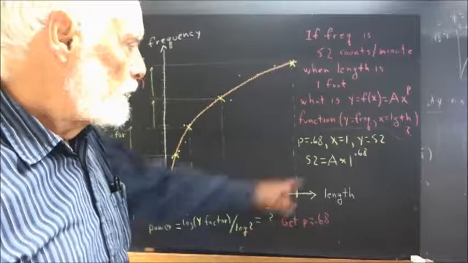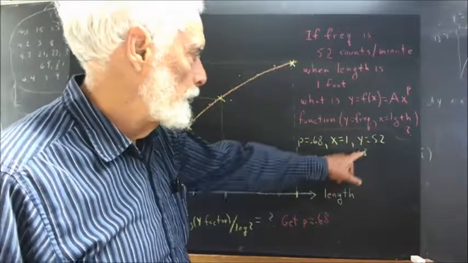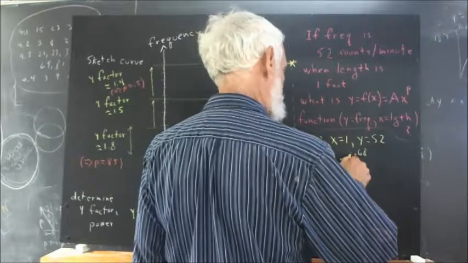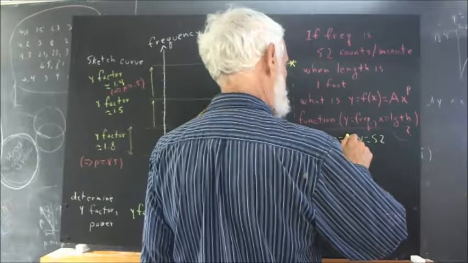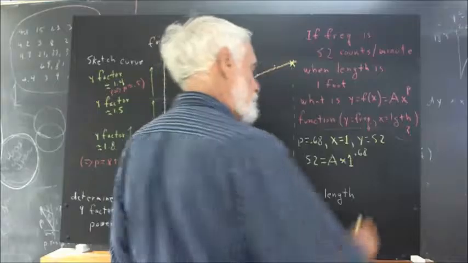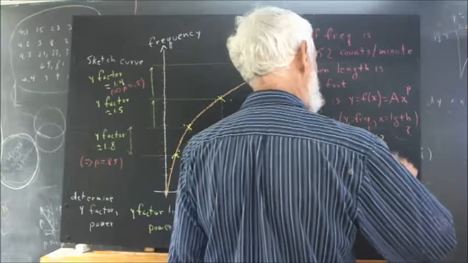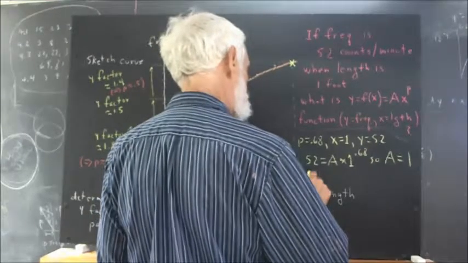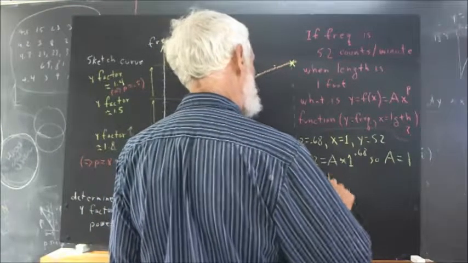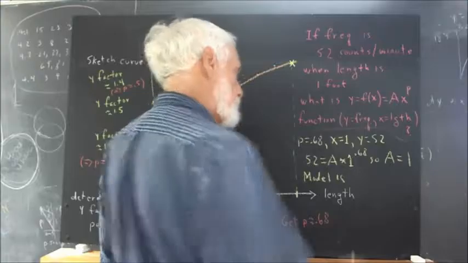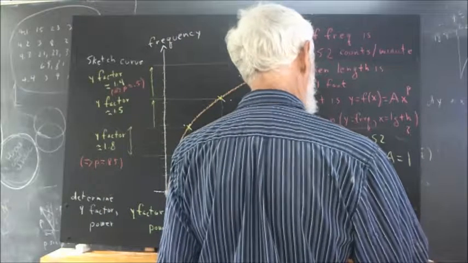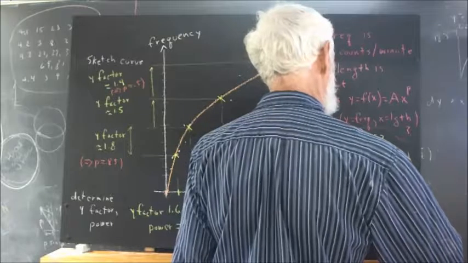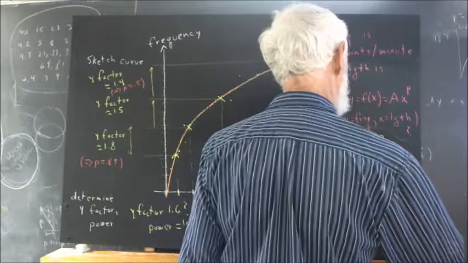So 52 equals A times 1 to the 0.68. So A equals 52, and now our model is y equals 52x to the 0.68.